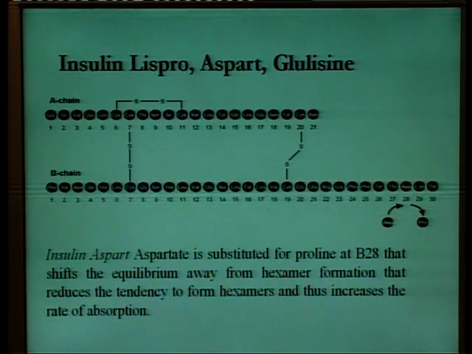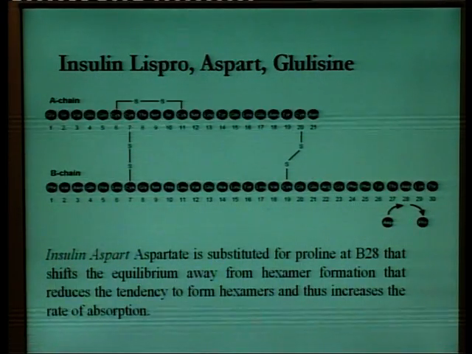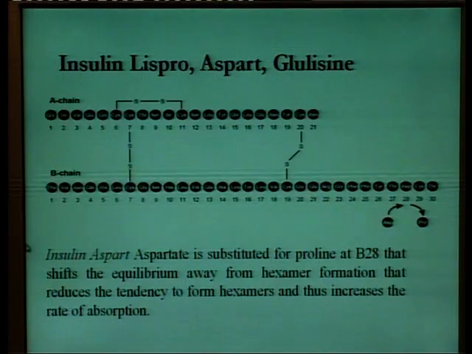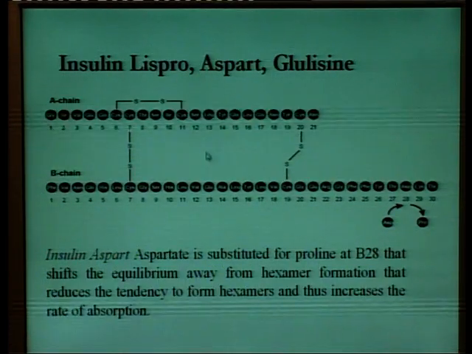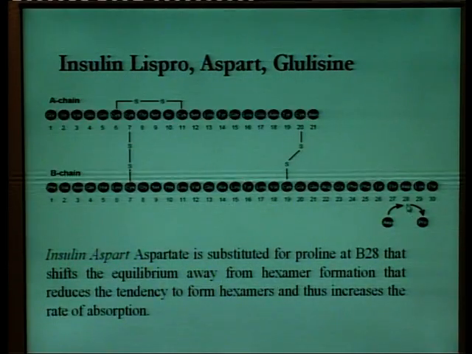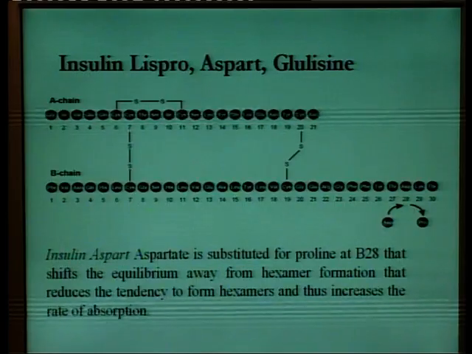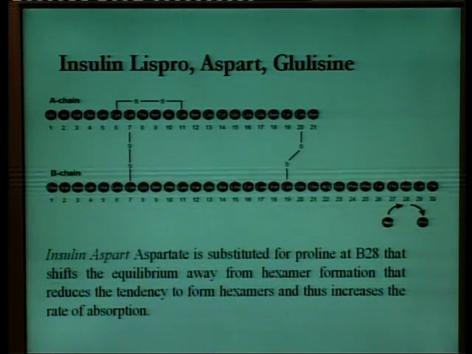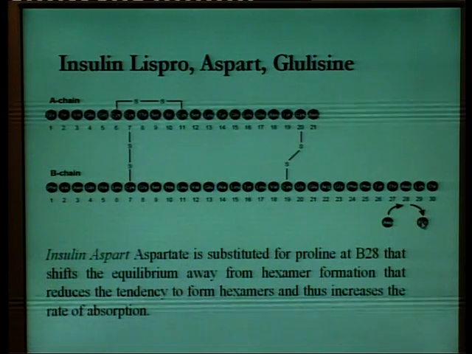It is substituted for proline at B28. Have a look here. A chain made up of 21, B chain made up of 30, linkages by the disulfide. Coming to this position, 28, it is the aspartate that is being substituted for proline.